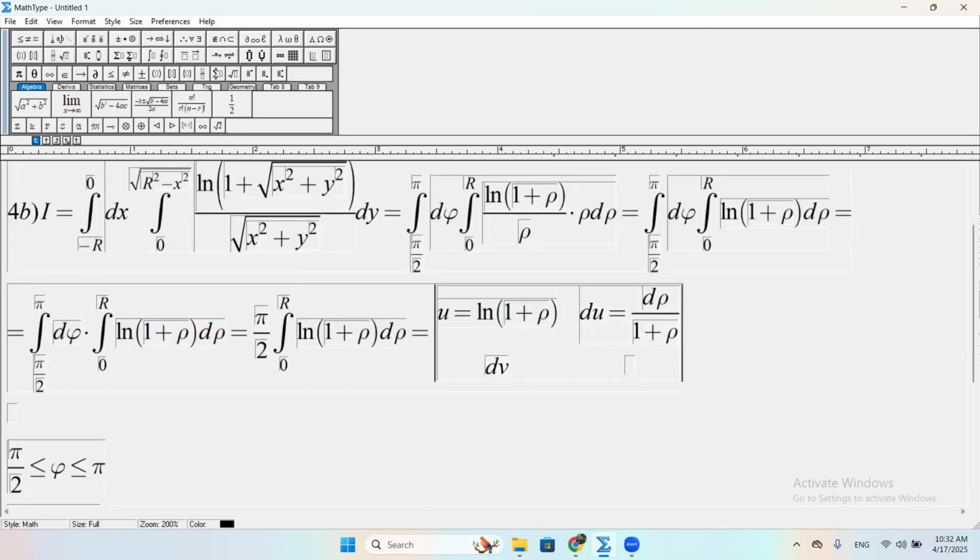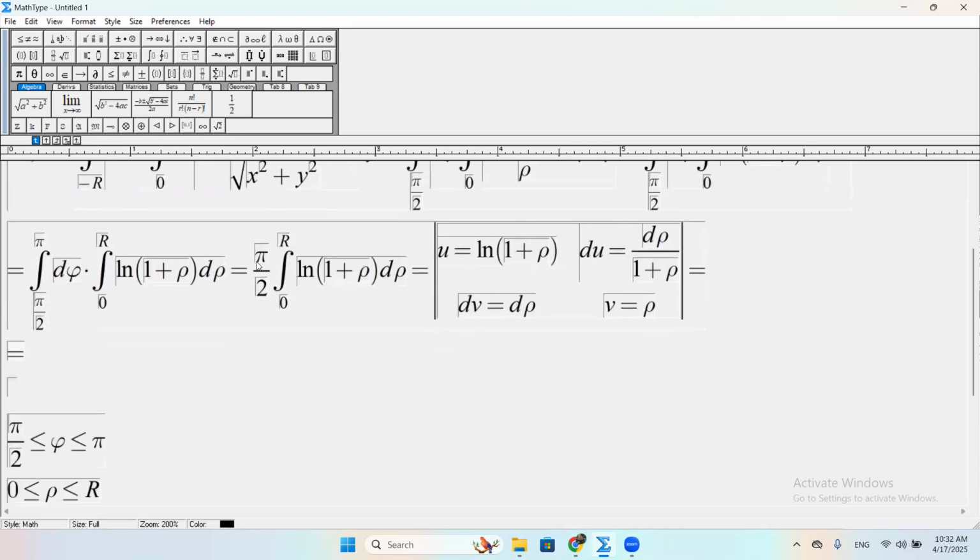Then dv equals d rho, so v equals rho. So pi over 2 multiplied by the following.